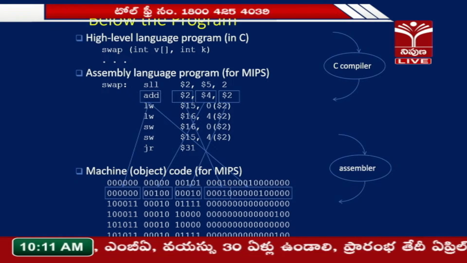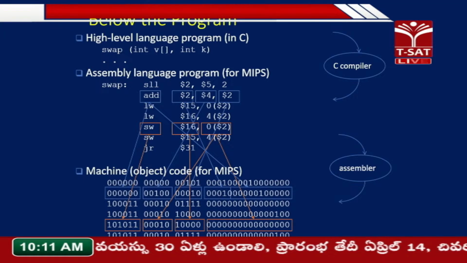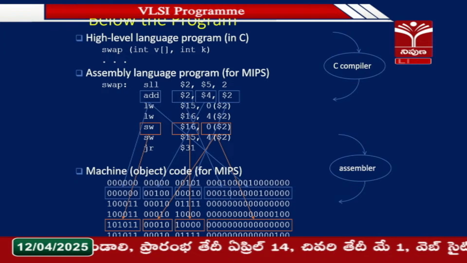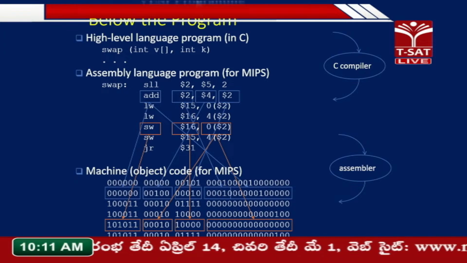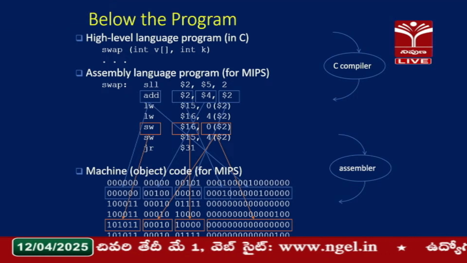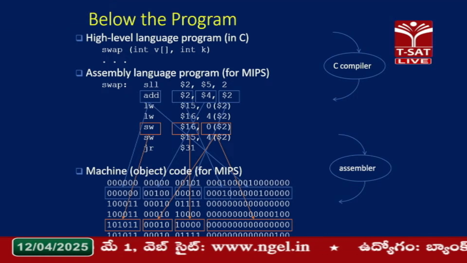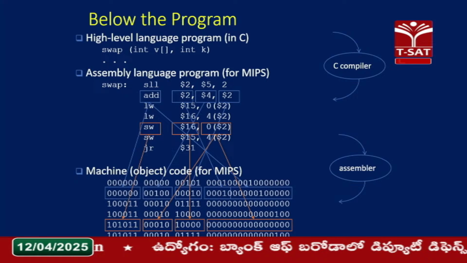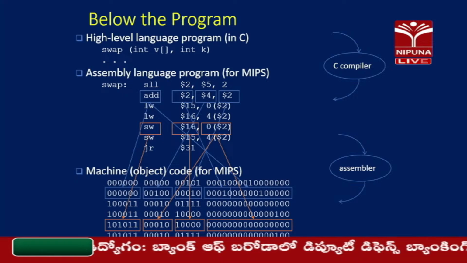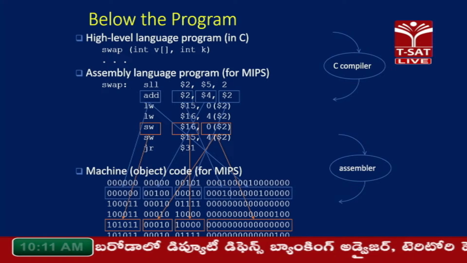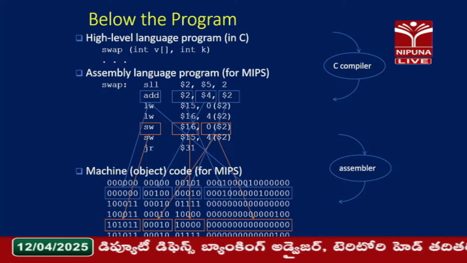Similarly, there is another instruction called SW, which is a store word instruction, storing the actual result into the memory. That store word instruction is encoded in a very different format. This encoding and decoding part is very important in terms of the CPU architecture. How you encode an assembly language instruction and how quickly you can decode it determines the efficiency of the CPU architecture.